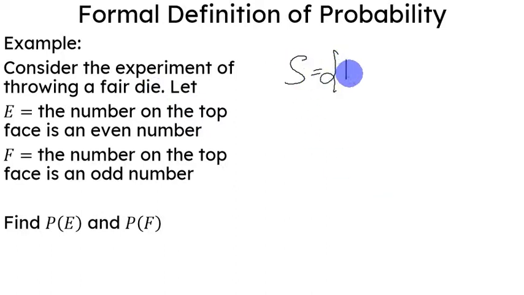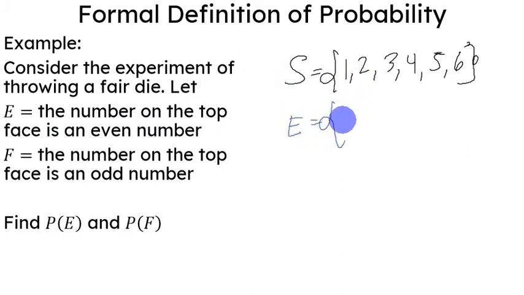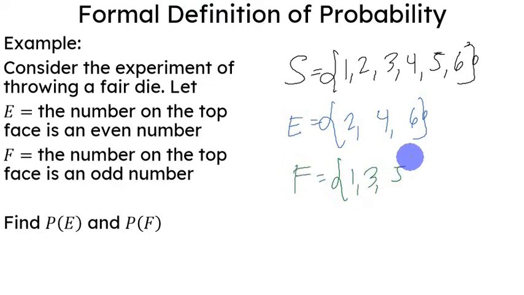It has the possible outcomes 1, 2, 3, 4, 5, and 6. Event E is the number on the top face is an even number, so let's get all the even numbers: 2, 4, 6. These are the elements of event E. Event F, the number on top is an odd number, so for F, I'll get 1, 3, 5.